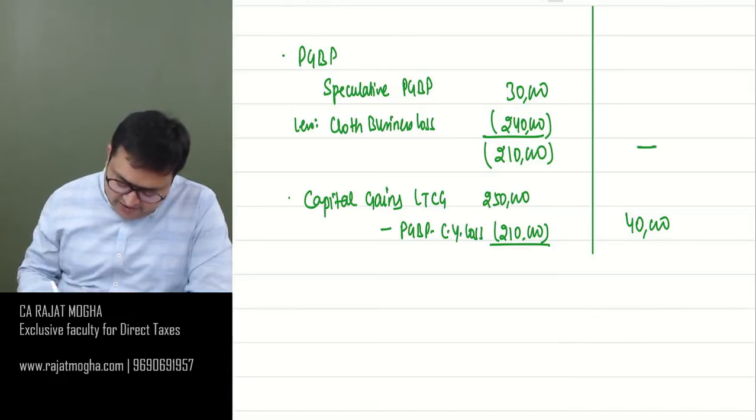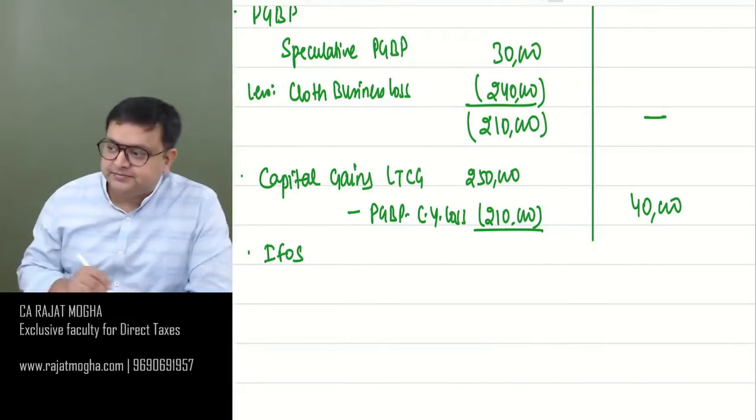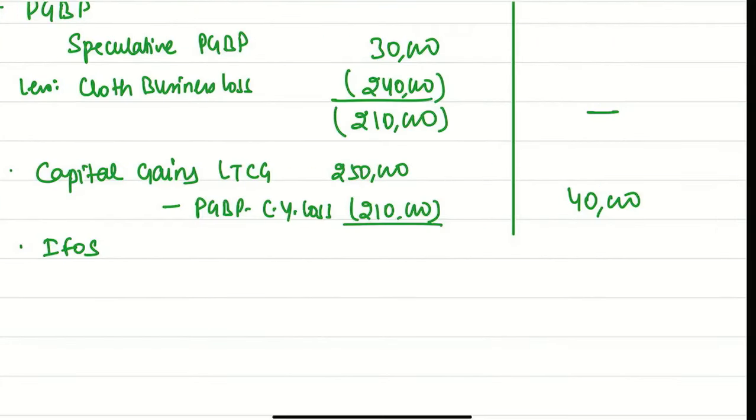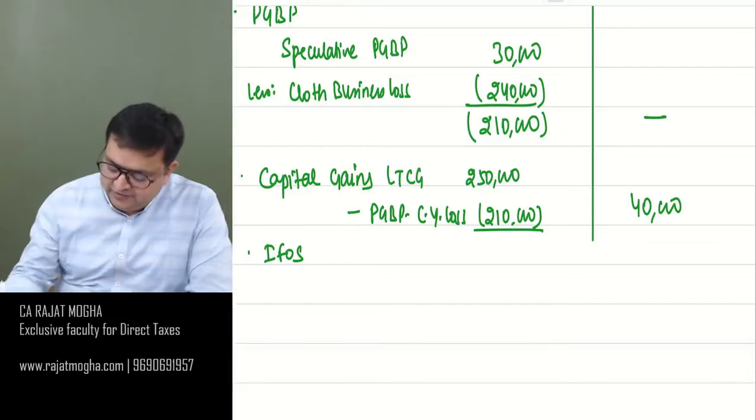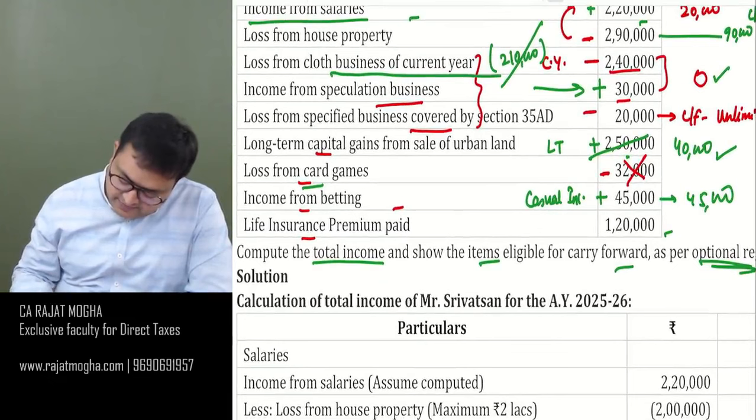Now we also have IFOS income. IFOS income we have is income from betting 45.